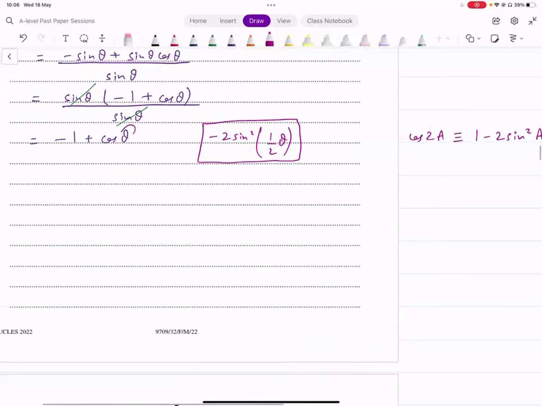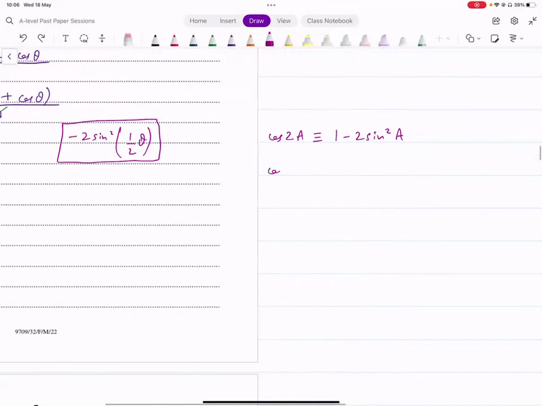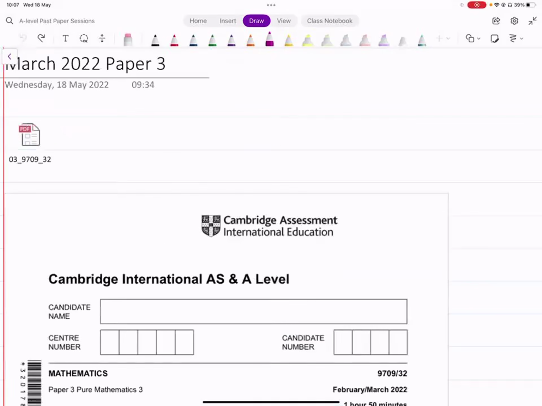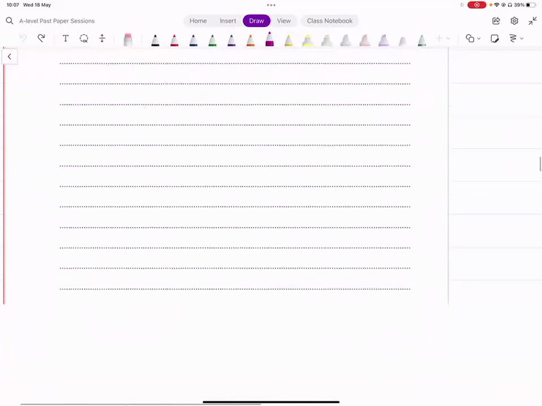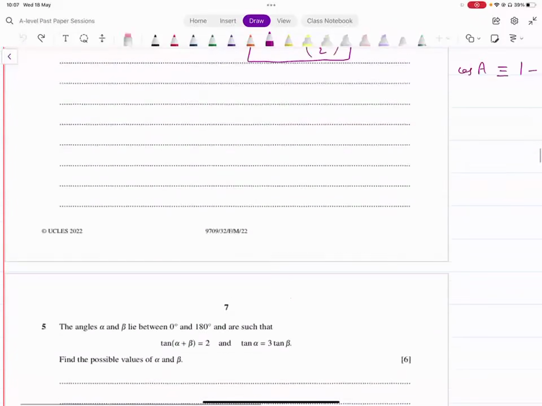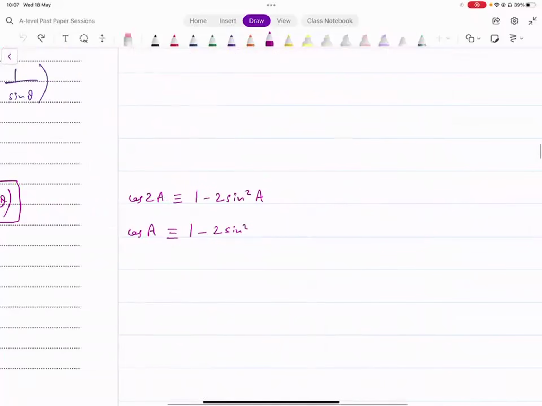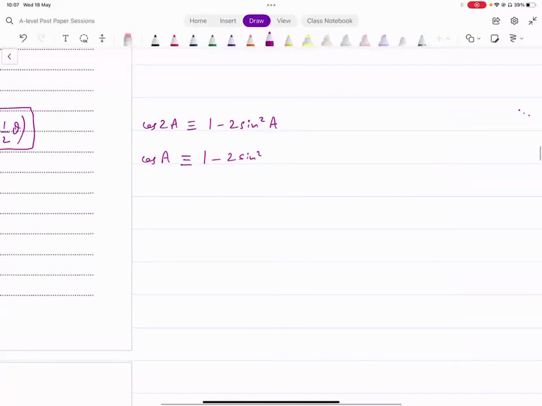But we don't have 2 theta here, we just have theta. तो आप क्या कर सकते हैं यहाँ पे? अगर आप इसी को इस तरह से लिख लो, अगर 2a की जगह यहाँ पे a होता, तो राइट साइड पे एंगल क्या होना होता है? जो भी लेफ्ट साइड पे इधर एंगल आ रहा था उसका हाफ राइट पे होगा. Right? So if you have a on the left side, what are you going to have on the right side?